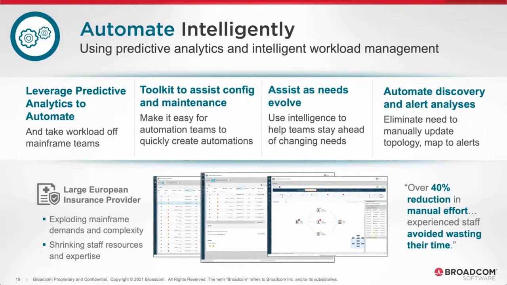Now, for those actions that do lend themselves to automation, absolutely take advantage of that intelligent automation. And that way we can help automate not only the discovery and alert analysis, but also potentially the remediation. And in this case, as you can see, it resulted in a 40% reduction in manual effort.